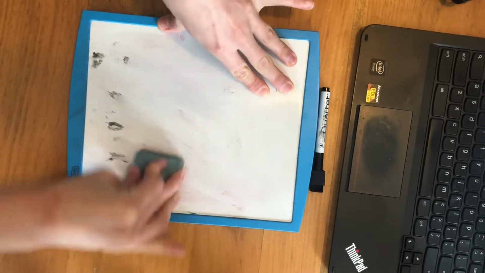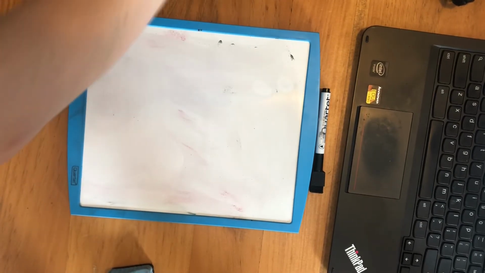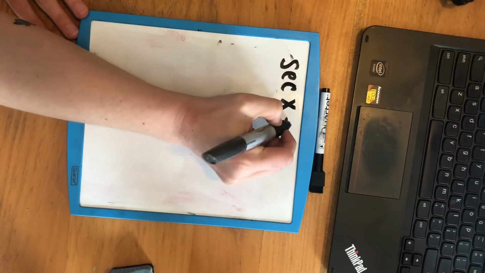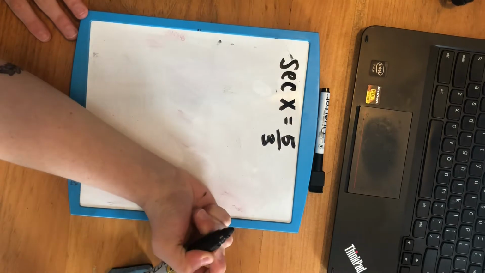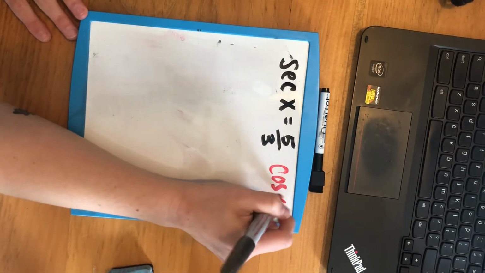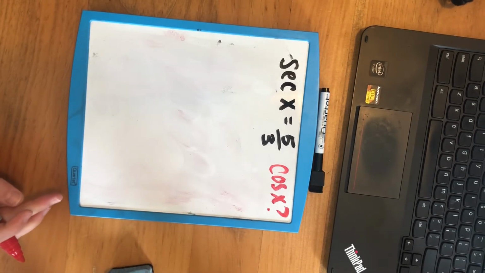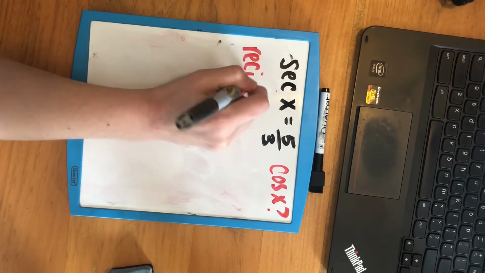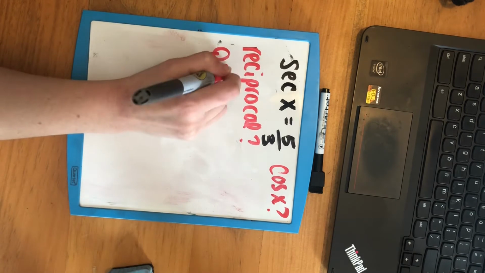All right, let's do one more. All right, so we know that secant of x is equal to 5/3. And we want to find cosine of x. Well, we have to think to ourselves, how are cosine and secant related? Are we going to use a reciprocal identity? Or are we going to use a quotient identity?